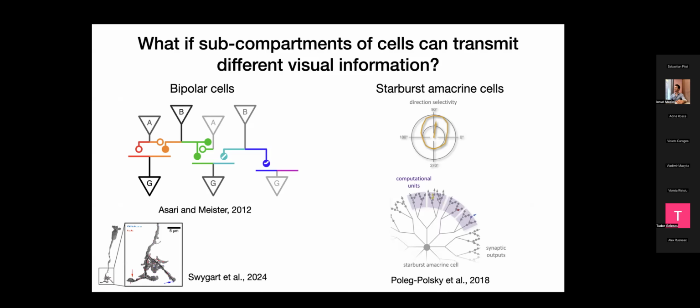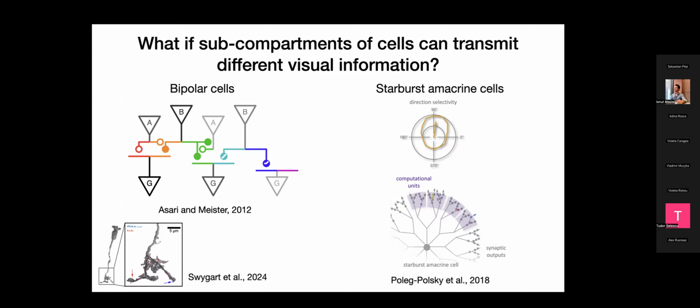So starburst cells have neurites, and this is famous work from 2002. This is a summary picture, but Euler, Detwiler and colleagues showed with one of the first functional calcium imaging experiments that centrifugal motion from the soma outward to the ends of these neurites causes much more calcium influx at the end than motion the other way, inward, centripetal motion from the outside to the inside.